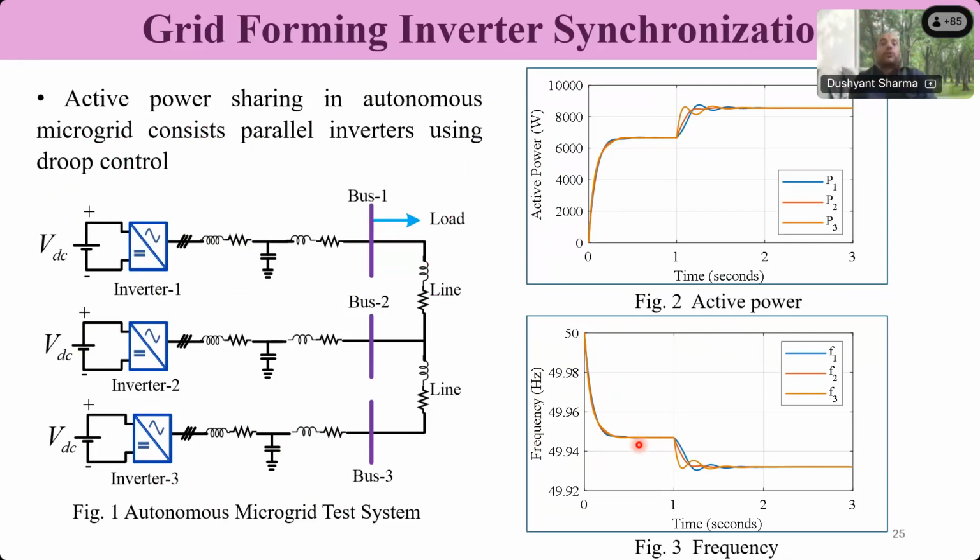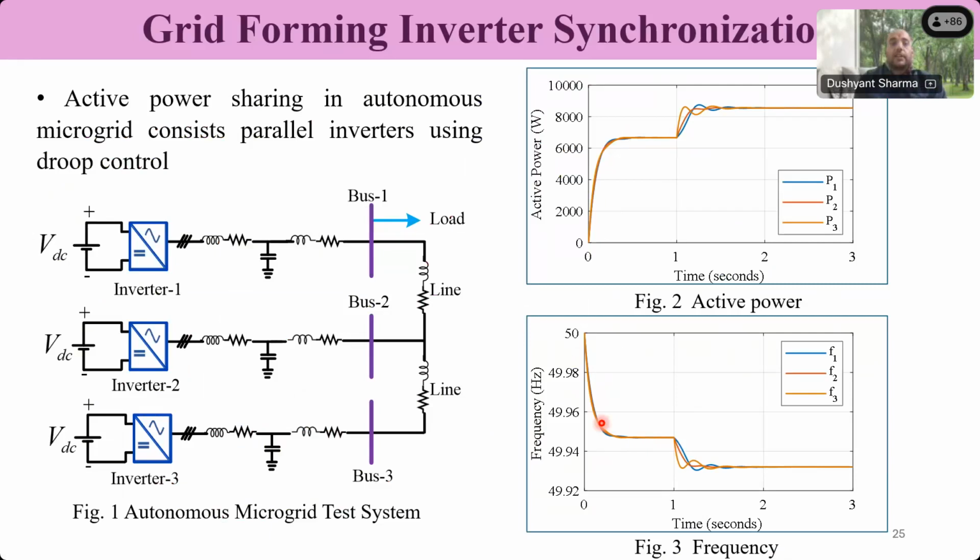So the fourth one, which itself is a new grid forming inverter, needs to be connected at the new frequency, which the new inverter doesn't know. So we have to develop a control technique which somehow ensures the incoming converter is synchronized first, connected at the actual operating frequency of the network, and then it starts to inject active and reactive power.